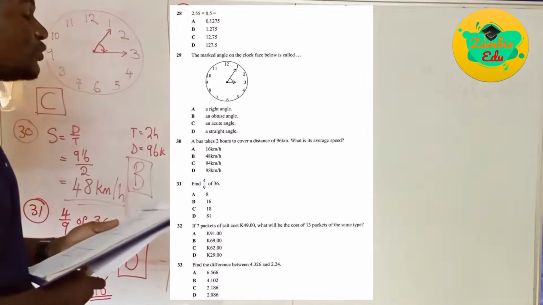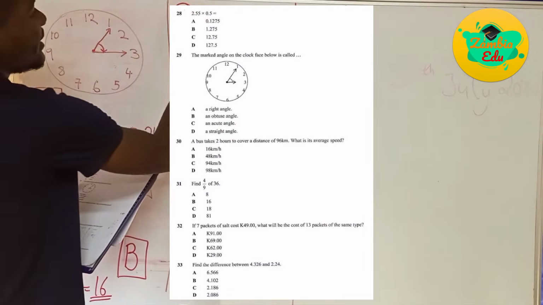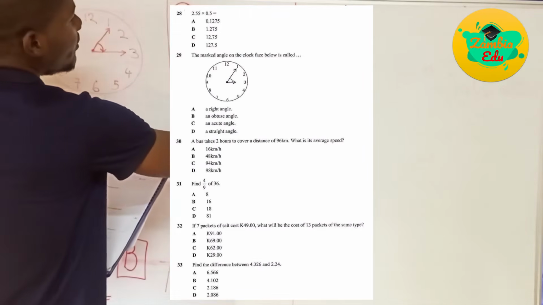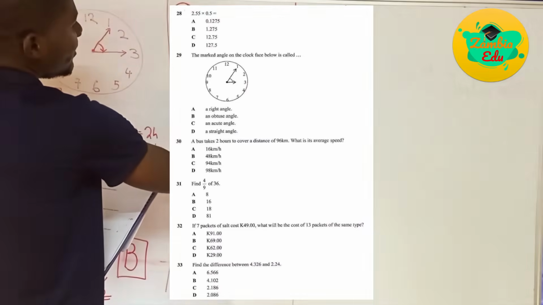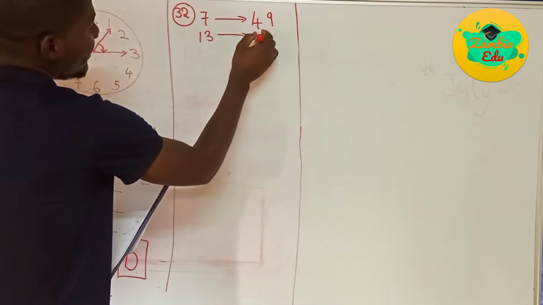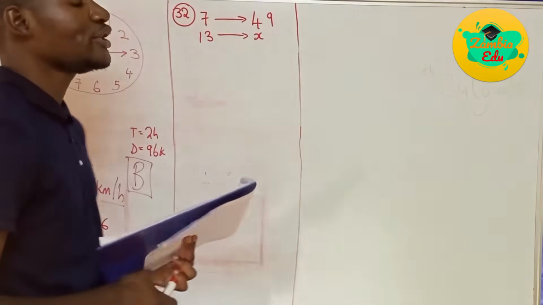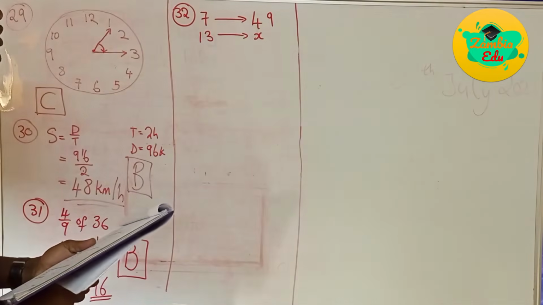The first way, you simply say if 7 is equal to 49, then 13 will be equal to what? X. We should remember this falls under the topic proportions.